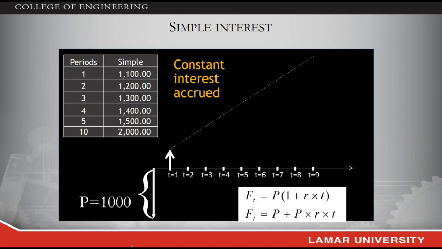In other words, $1,000 times 1 plus 1 times 10%. Remember, the formula originally was F equals P times 1 plus N times I.